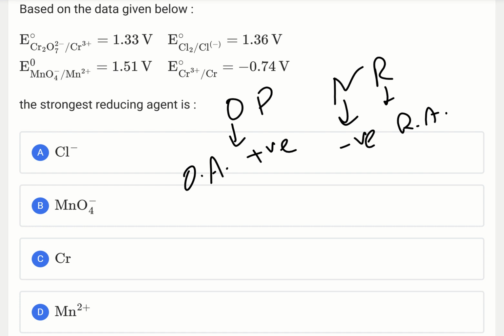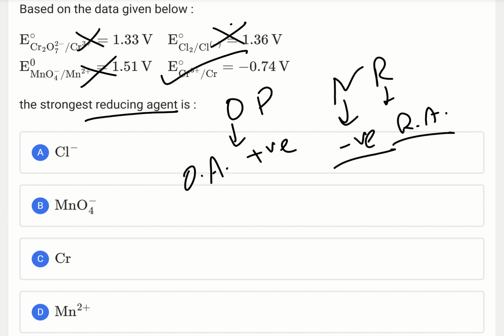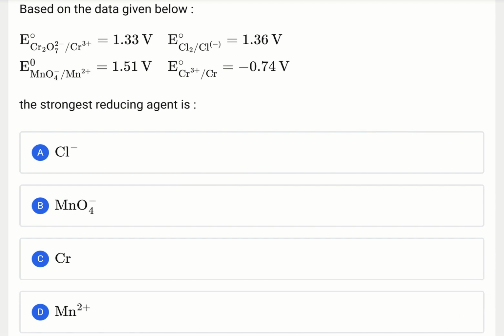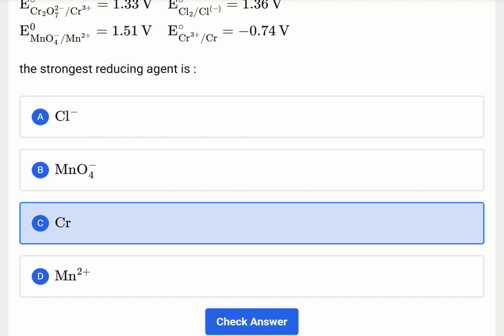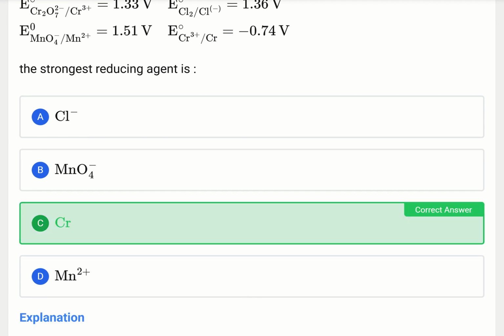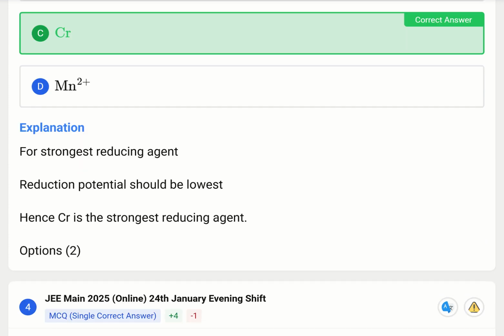So anything having the most negative value is the reducing agent that we have to find here. Positive, positive, positive, negative. That means C is our option. Yes, C. This question needed only 20 seconds. So this is how you can save time. Moving to the next question.